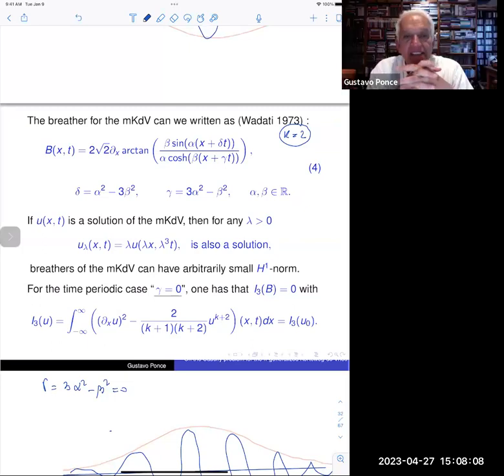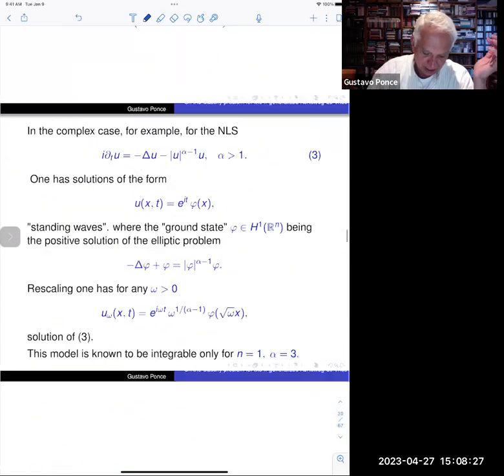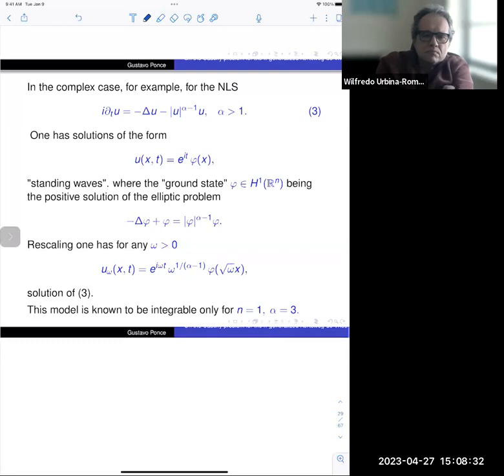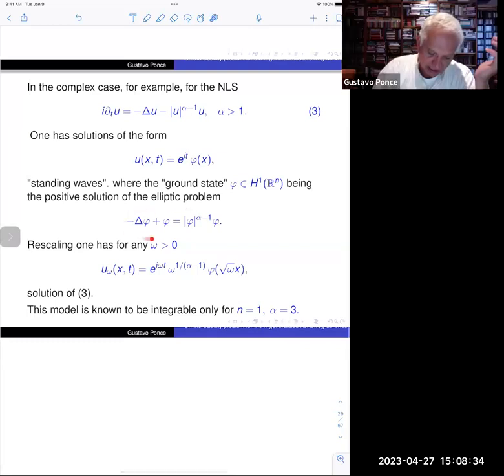Well, it seems that when you are in the integrable case, you can compute explicitly, and for some strange reason, the hyperbolic secant always appears, because the hyperbolic secant is the solution of this elliptic problem. This problem is very close to the one that we solve for the traveling wave.